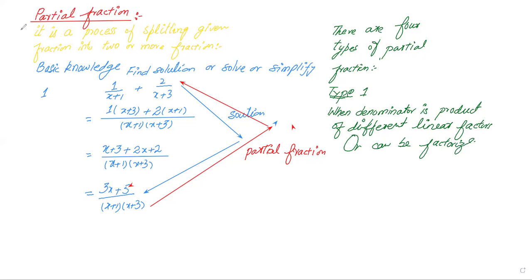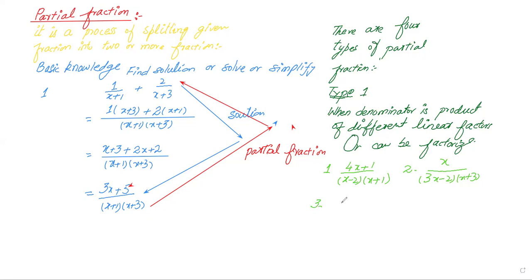What type of questions will you deal with in this type? The first is just like this one: 4x plus 1 over x minus 2 times x plus 1. Another one, x over 3x minus 2 into x plus 3.